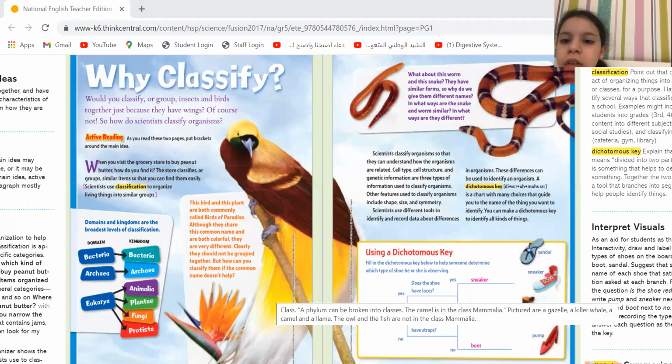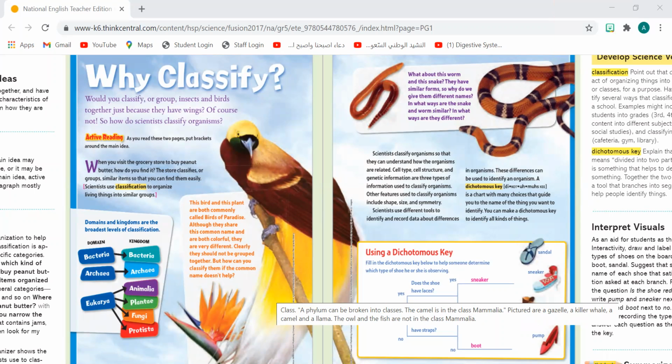Okay, what comes after classes? You can classify them more into smaller groups, which is order. The next level of division is order. Camels are part of the order Artiodactyla, and we will learn what that is. Then the order can be further divided into families.